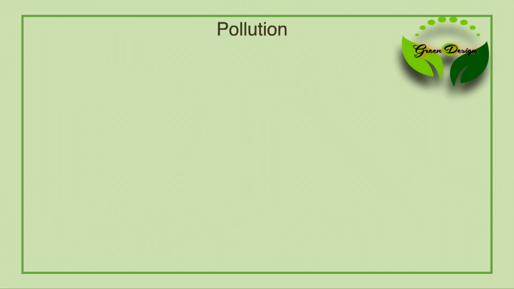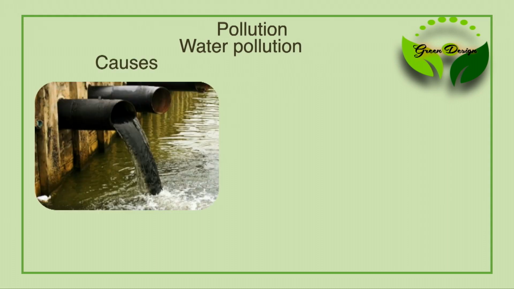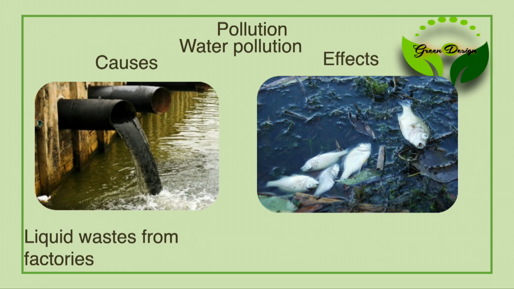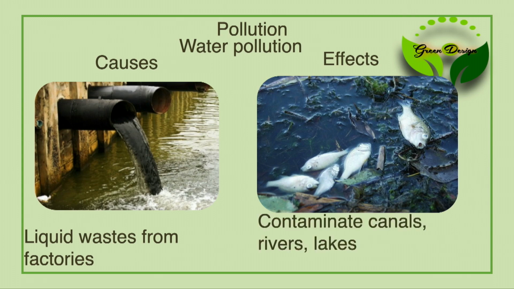An example of pollution is water pollution. For example, when factories release chemicals and waste water into water bodies. This contaminates canals, rivers and lakes and affects aquatic animals and plants.